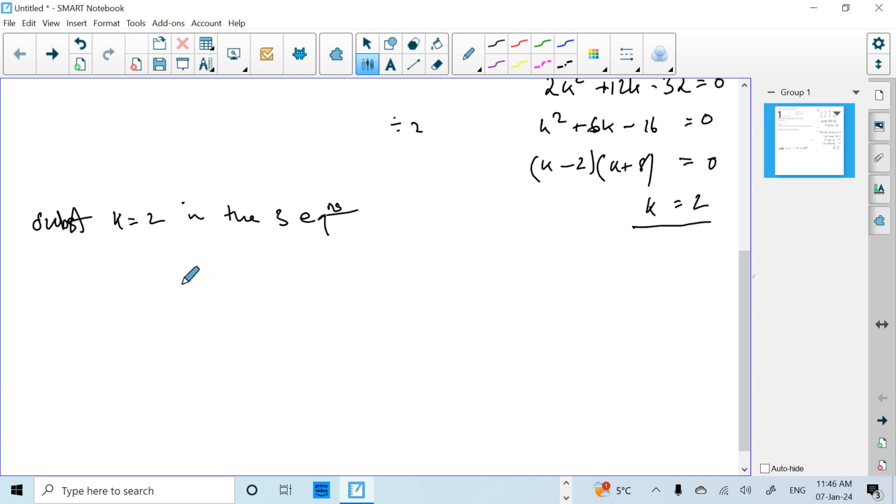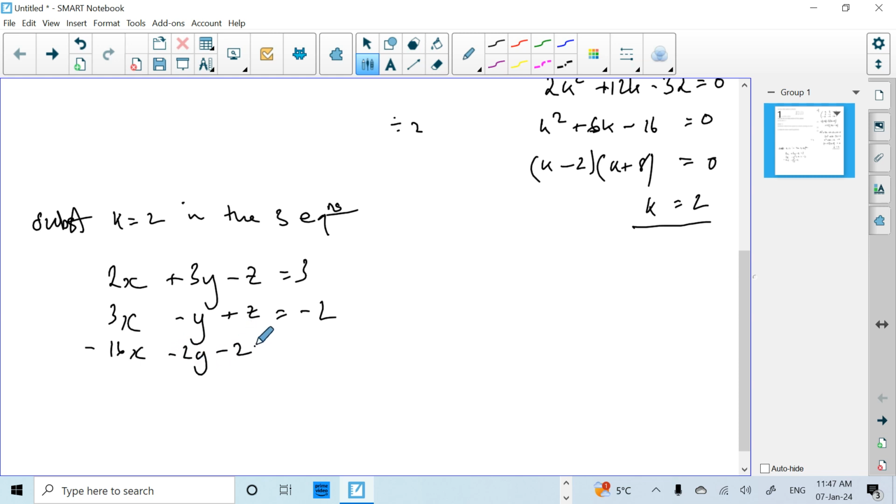So I've got, substituting, 2x, because it's kx, plus 3y minus z is equal to 3, and then 3x minus y plus z is equal to minus 2, because k is 2, and again minus 16x minus 2y minus 2z is equal to 2.